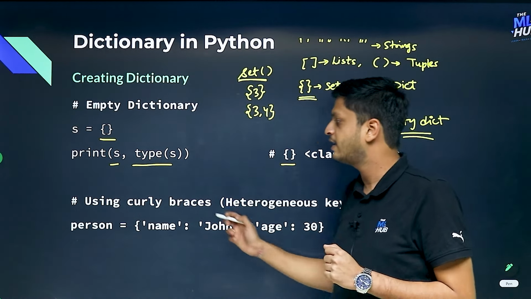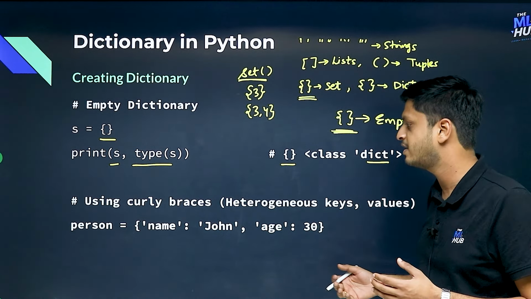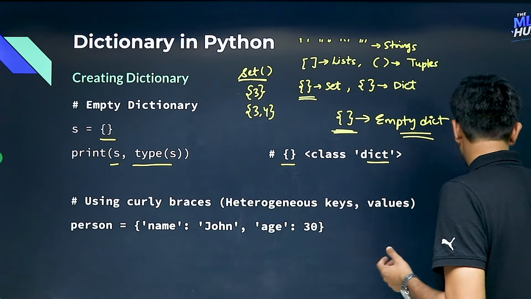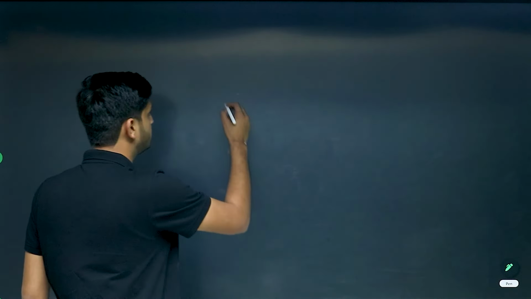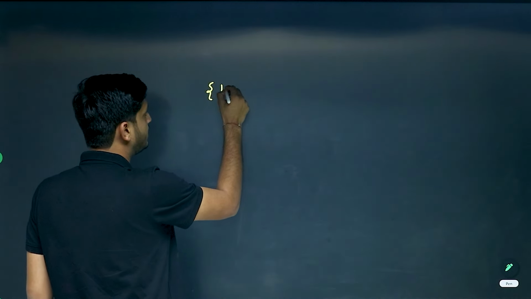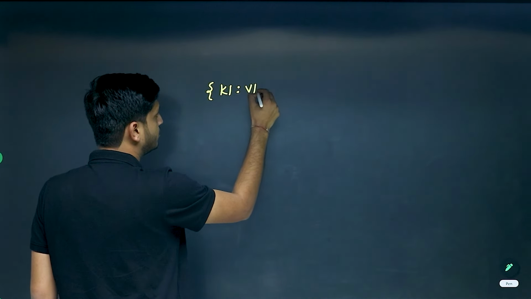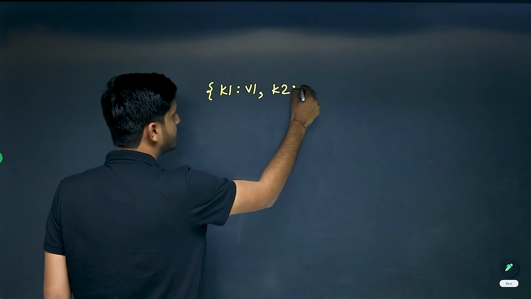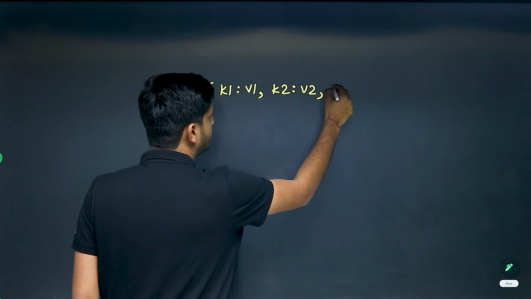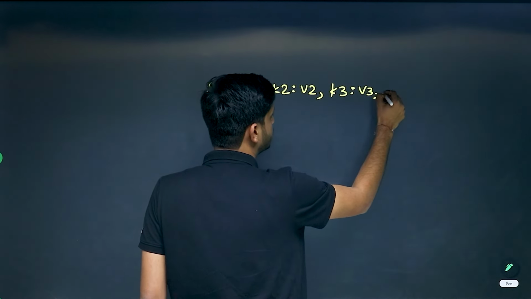Okay. And again, you can use curly brackets to write homogeneous or heterogeneous elements in a dictionary. So how do we write it? The syntax is, you use curly brackets, then you write the first key, colon, the first value, then comma, second key, colon, second value, comma, third key, colon, third value, comma, and so on.